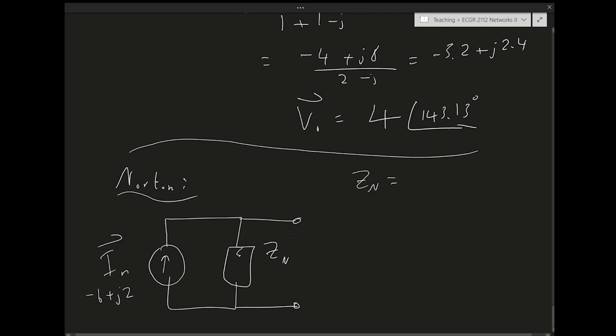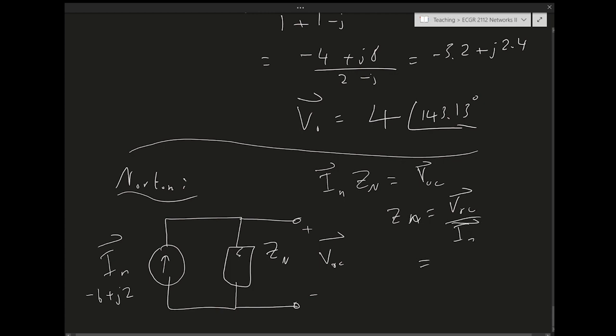Let's assume you leave the terminals open, so you have some VOC. So I Norton times Z Norton equals VOC. So Z Norton is just going to be VOC over I Norton, that's it.